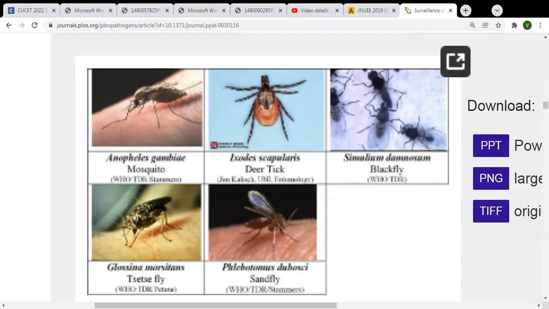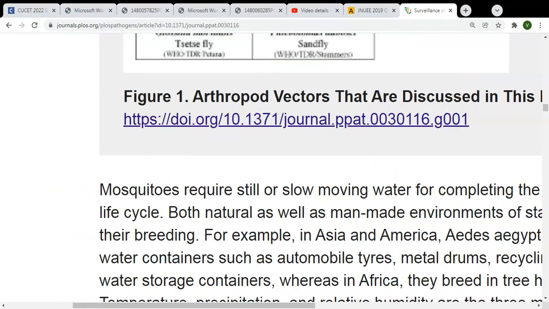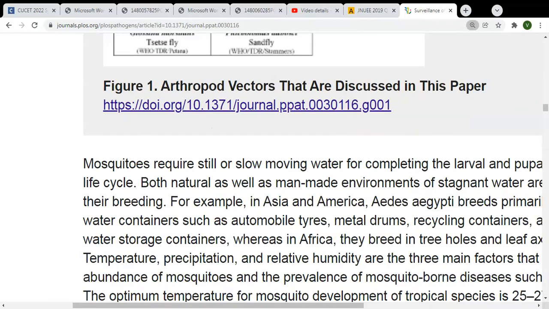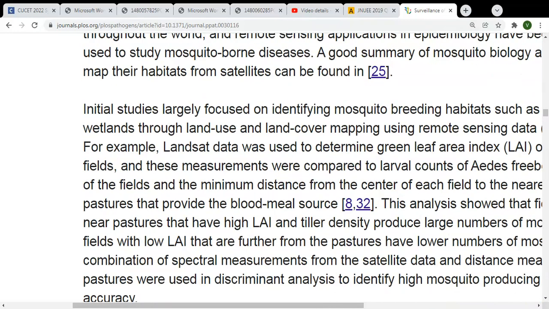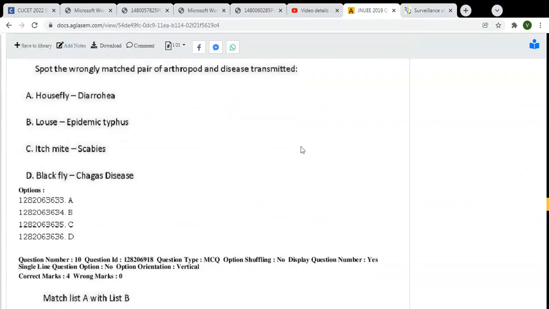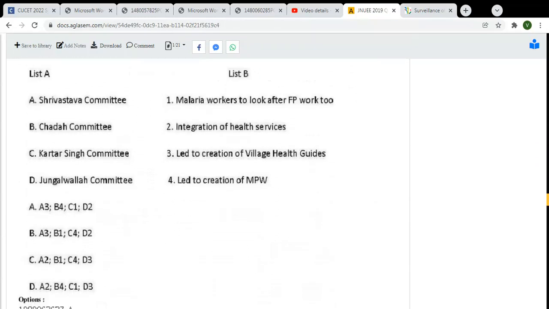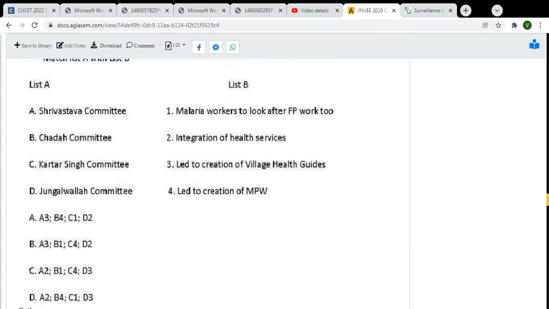Whenever you find insects, these are the arthropod vectors. So you can see what diseases are caused by these. You can study a little bit, and it will help you in finding the answers.